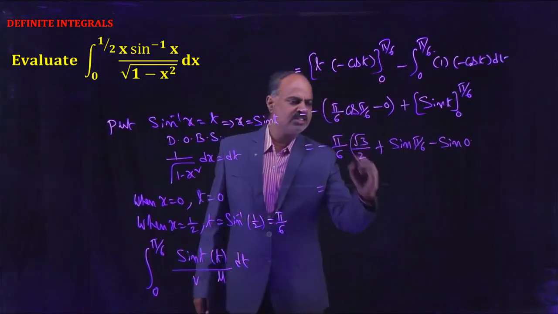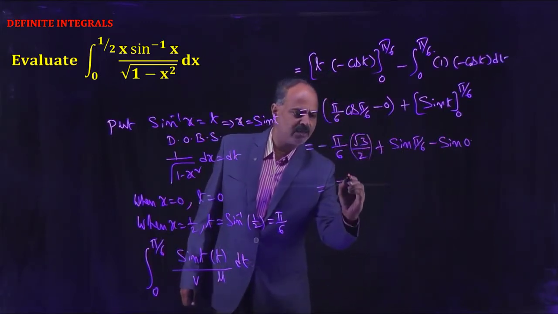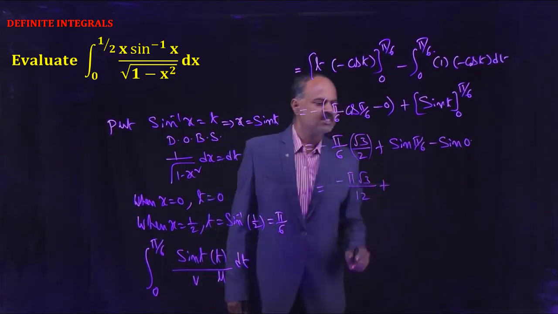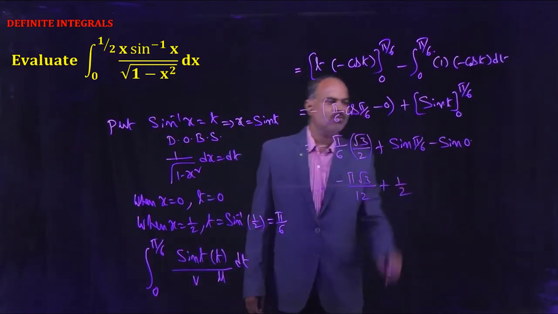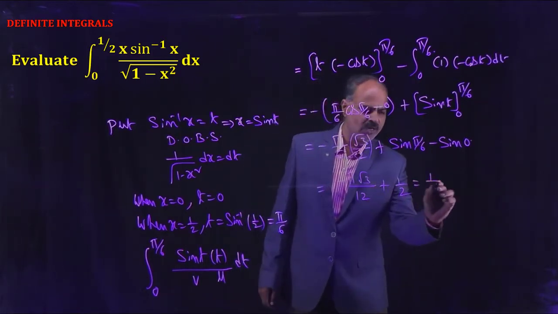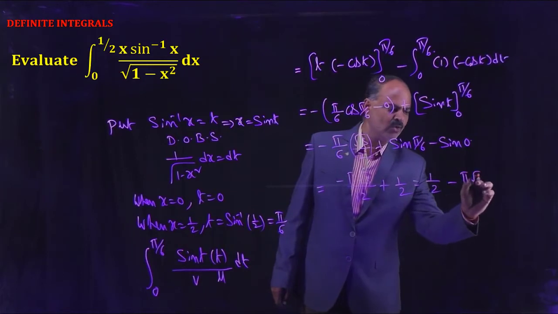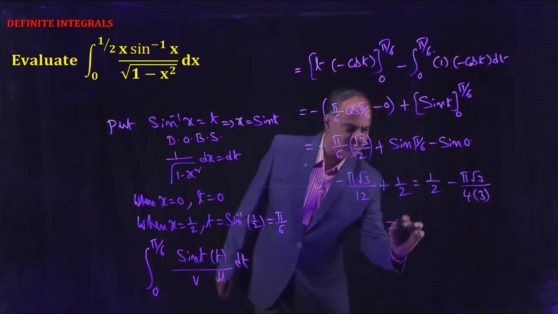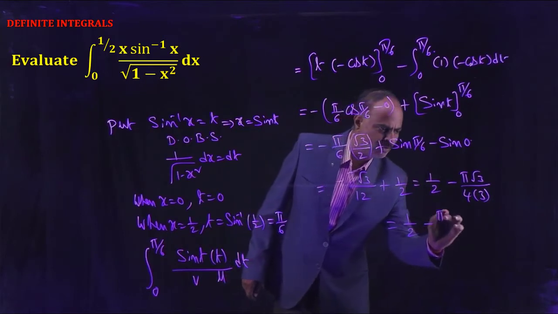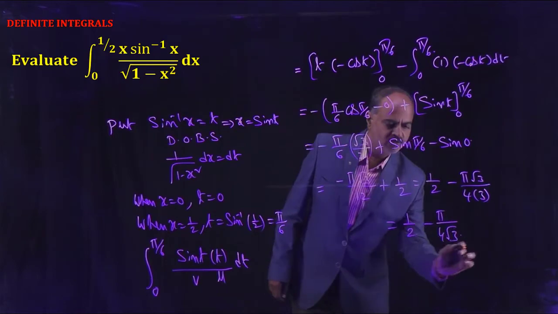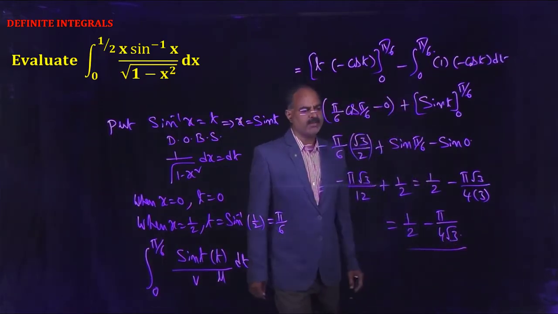So now this is equal to minus pi into root 3 by 12 plus sin 30, which is 1 by 2, minus sin 0, which is 0. Now this is equal to 1 by 2 minus pi root 3 by 4 into 3. So the answer is 1 by 2 minus pi by 4 root 3.